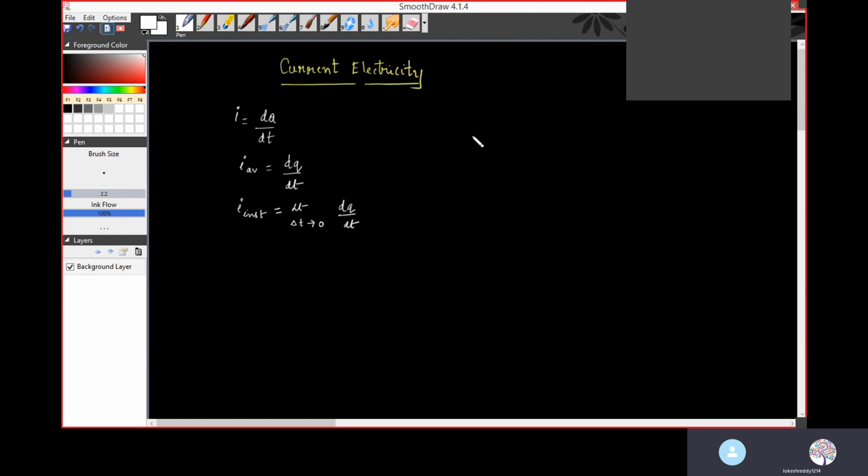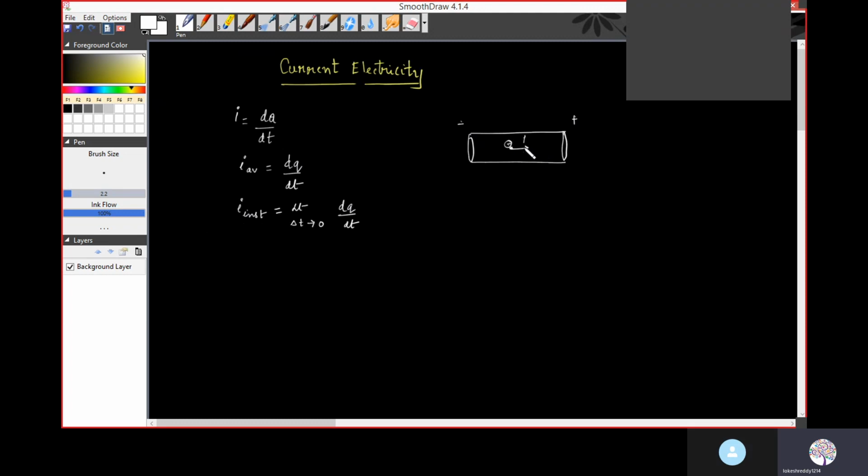Okay, so now if this is a conductor, and you apply a potential difference, say this is negative and this is positive, then the electrons will start moving in this direction, towards the positive terminal. Otherwise, in metals they will be moving randomly, so the net charge flow will be equal to 0.